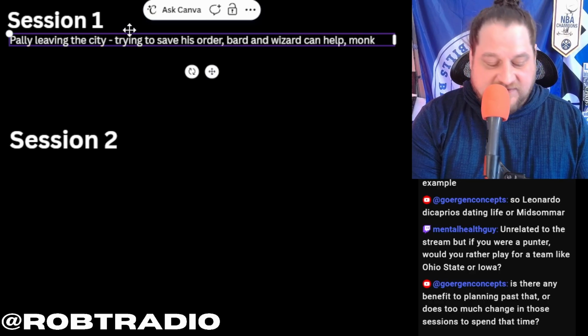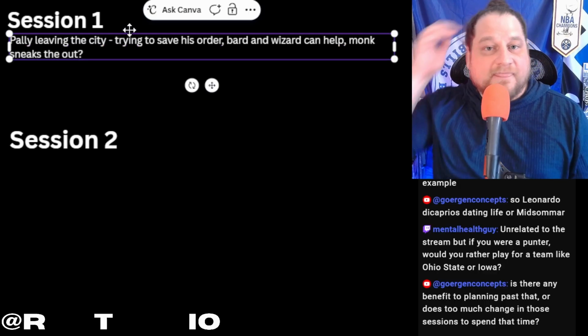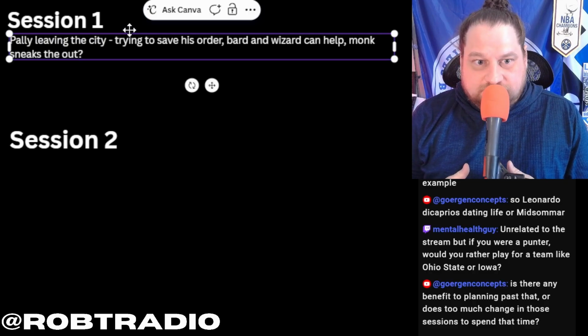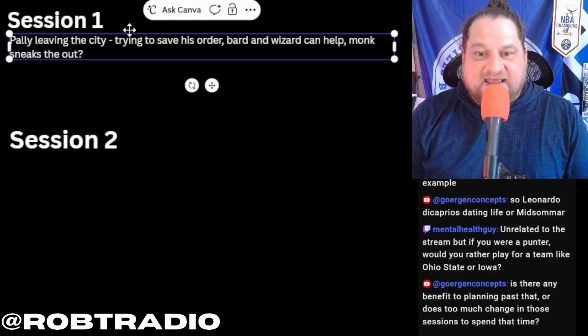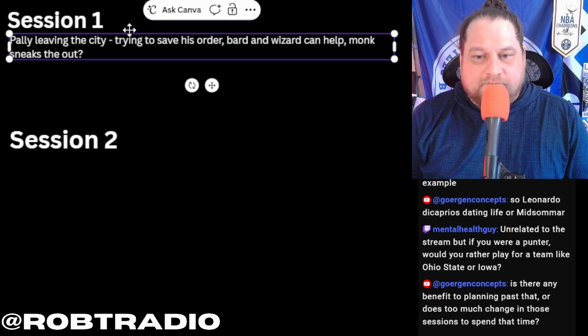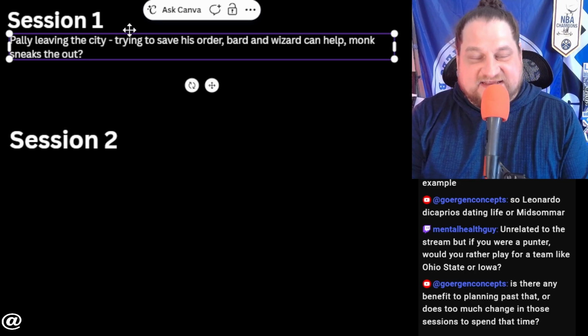Monk sneaks them out. And so this session 1, where they all meet up, maybe we open with the paladin and the monk trying to get out of the city.